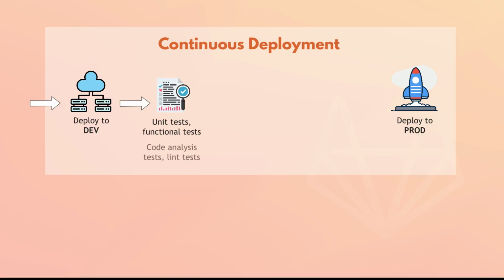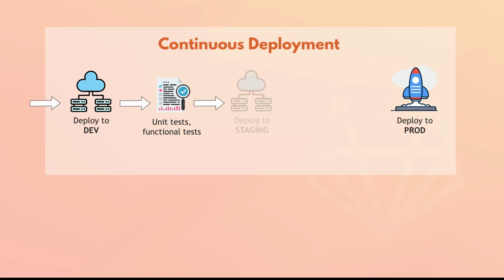We may also run code analysis tests or lint tests, because in order to keep code maintainable, not only the code needs to work, but it should also be written properly in a clean way. If the tests fail here, we know that we shouldn't release those changes to the production, and we have some cleanup work to do.